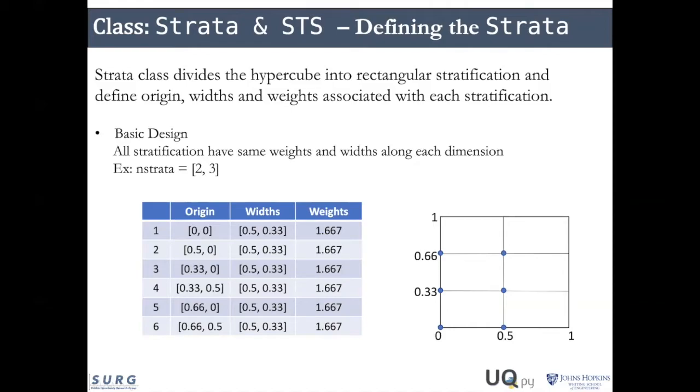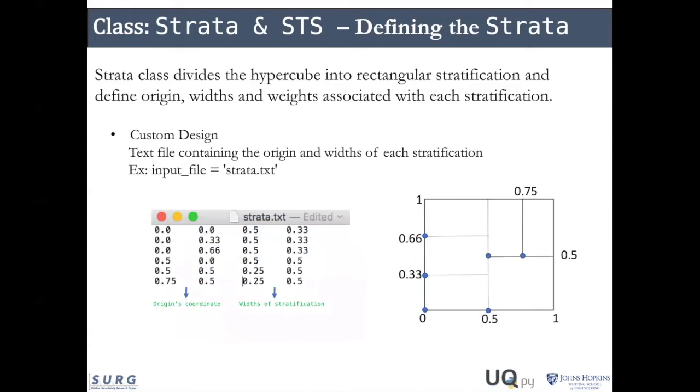And so the way this works is that along each dimension, the width is the same for each strata, and the weights are equal for every strata. We can also define a custom design, for which we can use input_file. We can define a text file in this way; this is an example for a two-dimensional case.